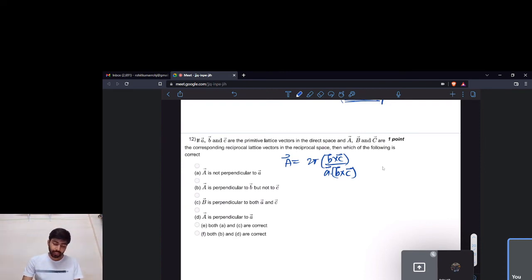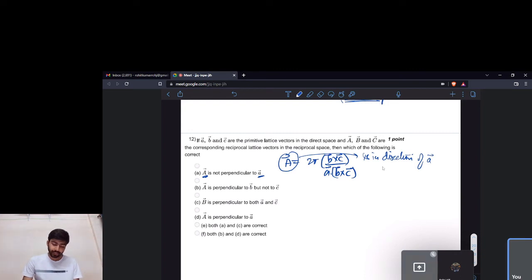So if a, b and c are primitive vectors, capital A is not perpendicular to a. Yes, because capital A is in the direction of a.